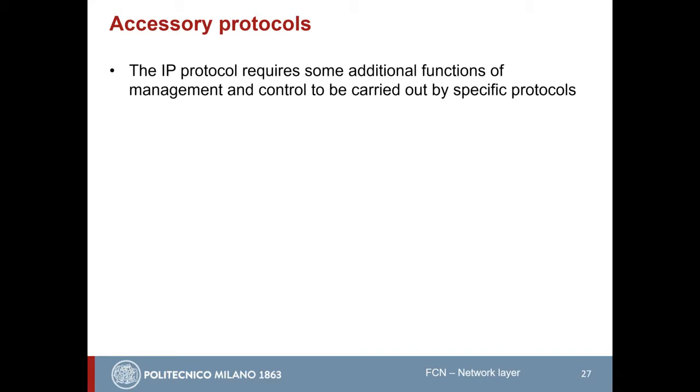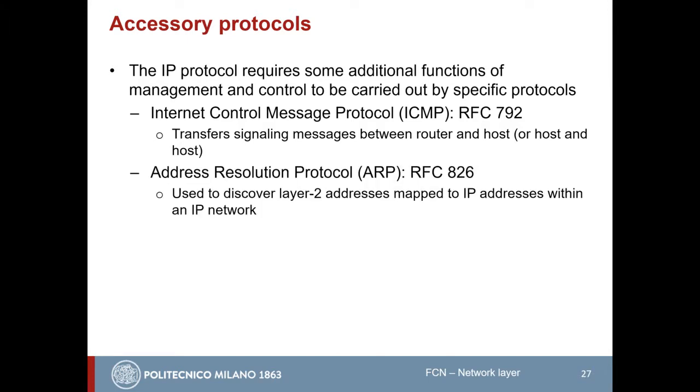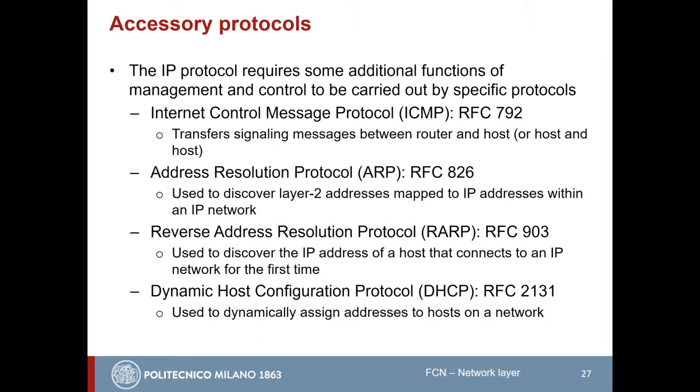And so the protocols that we are going to look into are ICMP, which stands for Internet Control Message Protocol, ARP, which stands for Address Resolution Protocol. RARP is the reverse version, we will only mention it very quickly. And then DHCP, Dynamic Host Configuration Protocol.